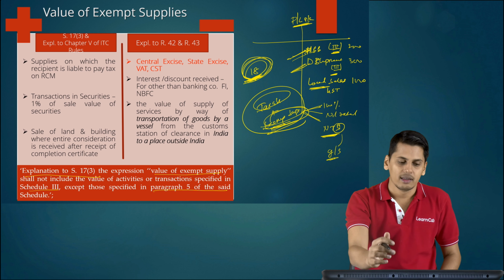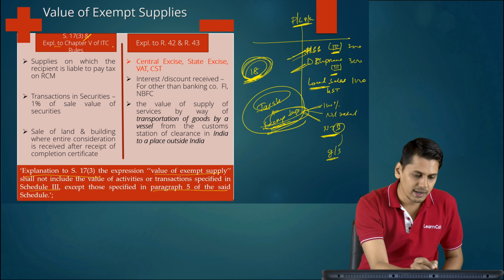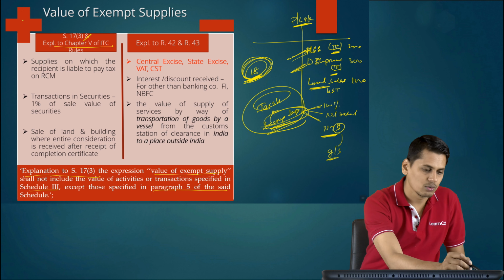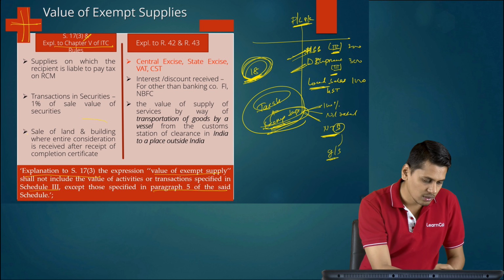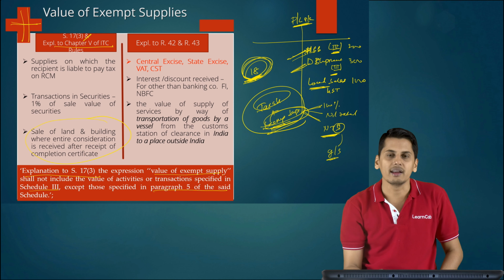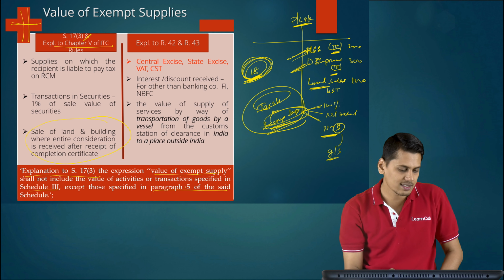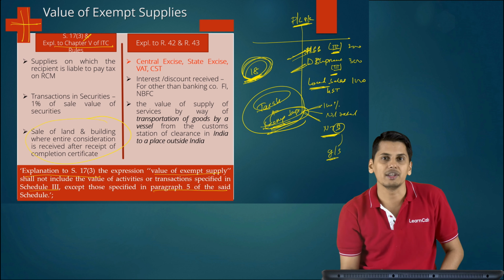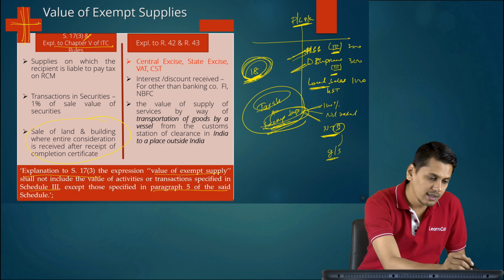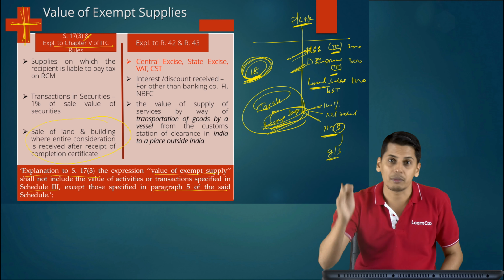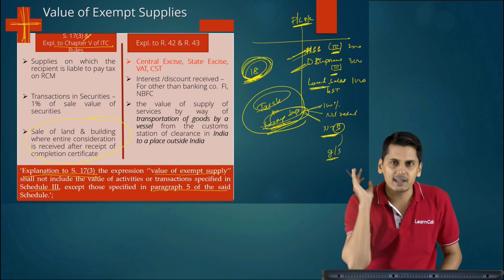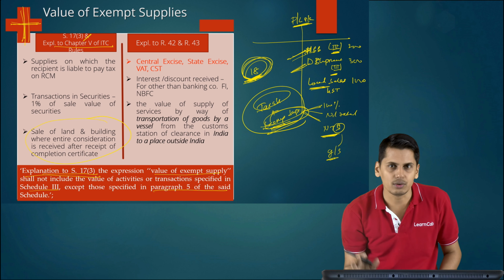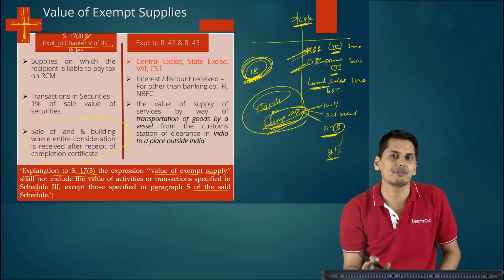But here in 17 subsection 3, an explanation to Chapter 5 of Input Tax Credit rules, there are certain additions which are being made. In those additions, if you look, sale of land and building where entire consideration is received after the receipt of completion certificate will be included in the value of exempt supply, because explanation to section 17 subsection 3 specifically tells you we will leave all the Schedule 3 items, but we will not leave paragraph number 5.